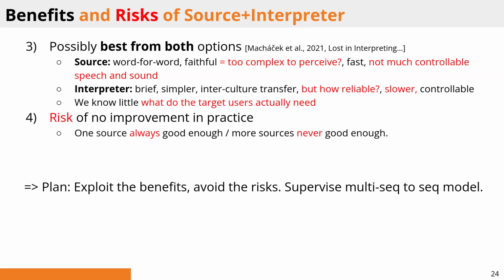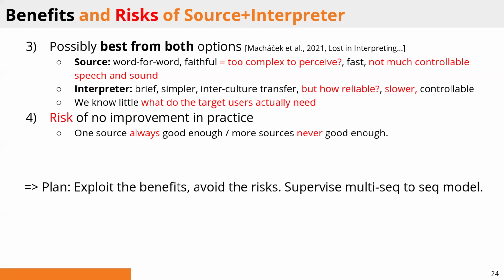And it's possible to control the acoustic conditions of the interpreter, while the original speaker usually has enough worries to think and speak about the content, and it's sometimes difficult to tell them, please use the microphone properly, or make pauses, or speak clearly, or speak slower, and so on. So the interpreter is possible to control more in this way.